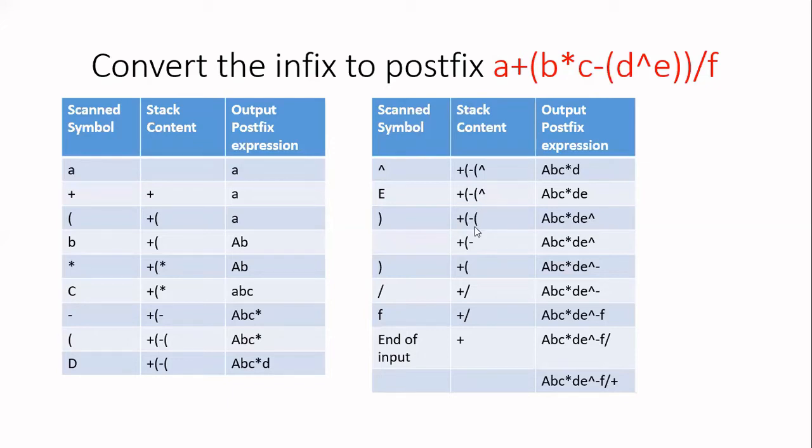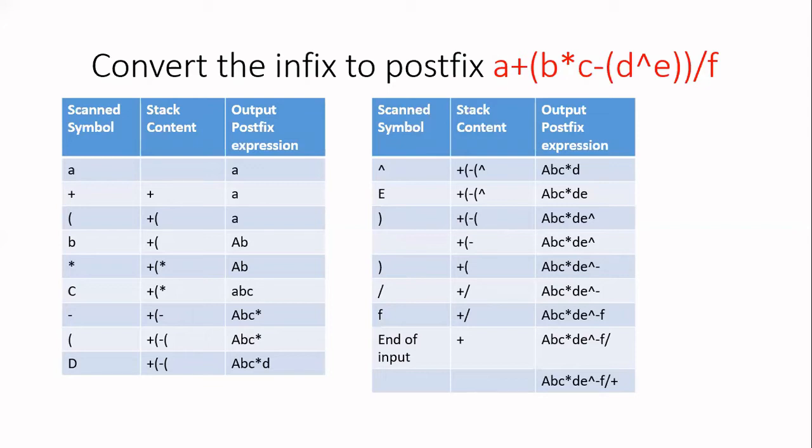Now again you have to pop one more character, because the next character is an open parenthesis. You pop this. Now remember, I am popping here, but in the output I am not writing it. The reason is that your postfix or prefix expression will never contain open and close parentheses.